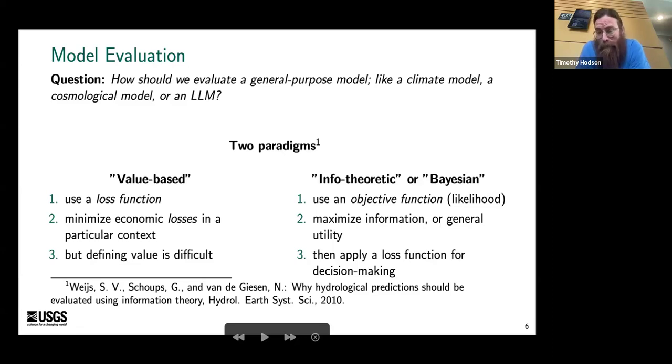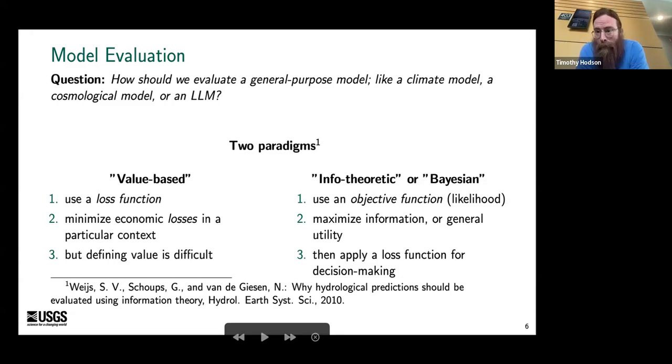That's very similar, in my opinion. And in that case, we use an objective function. I don't know that this is official terminology, but I'm playing with words. This function is meant to be an objective function as opposed to a subjective one. Our goal here is to maximize information in our models, or conversely minimize their uncertainty.